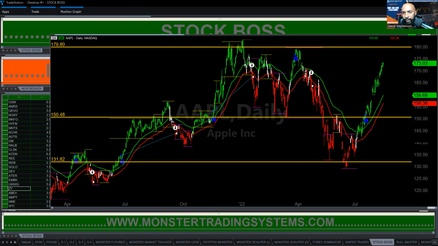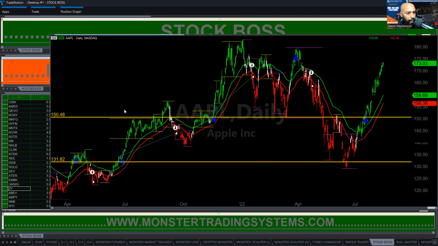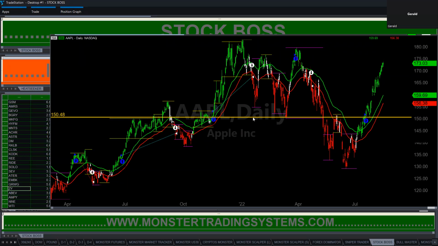I'm not saying we don't have processes and systems to trade more expensive stocks too. I'm not against expensive stocks, but look at the risk here.